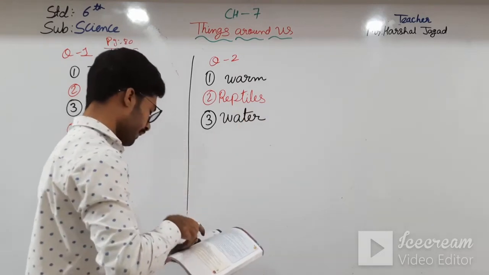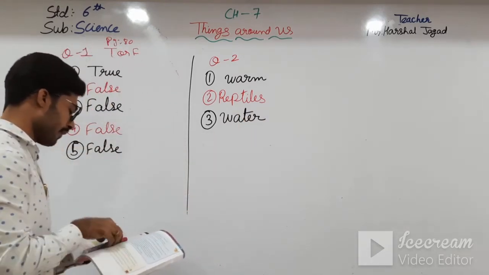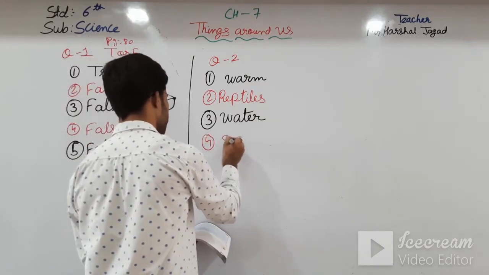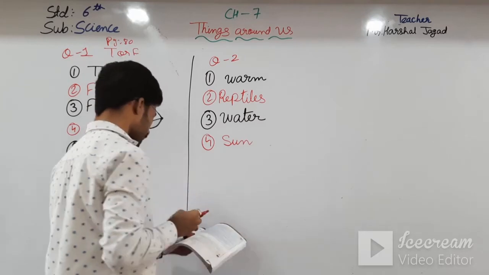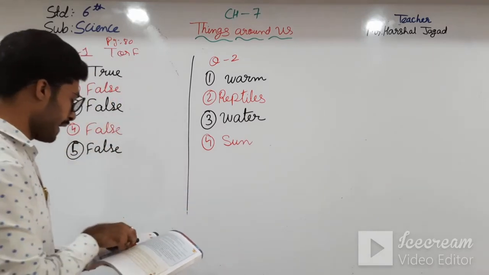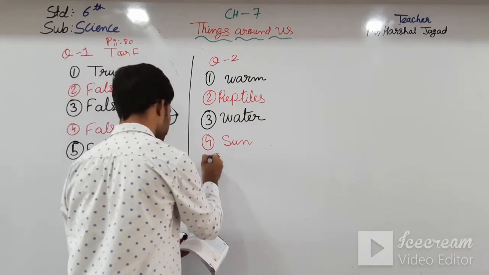Fourth one, dash is the main source of energy on the earth, that is sun. Fifth one, seeds dash in the absence of light do not germinate.